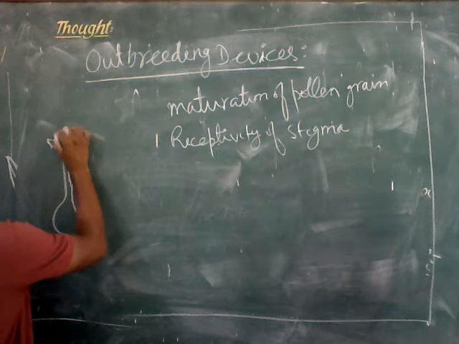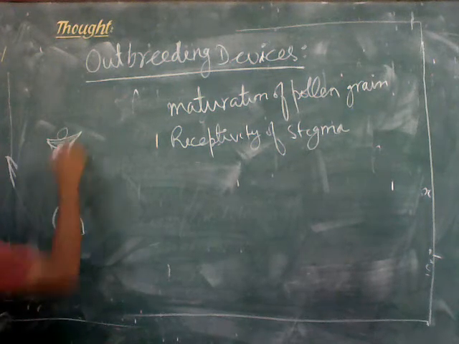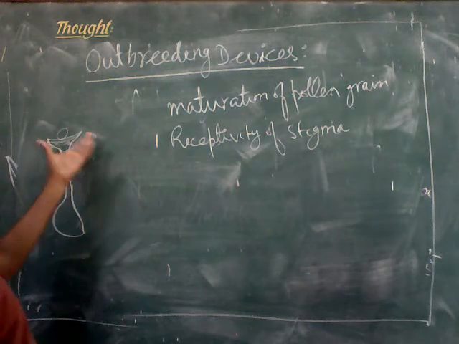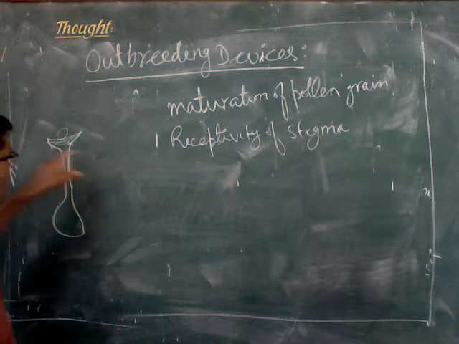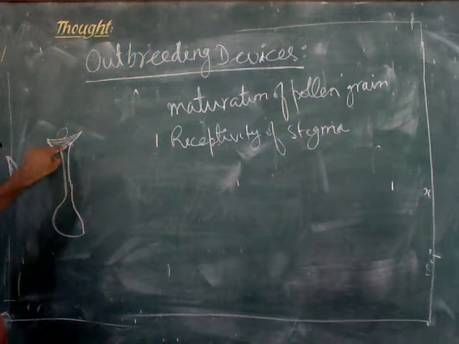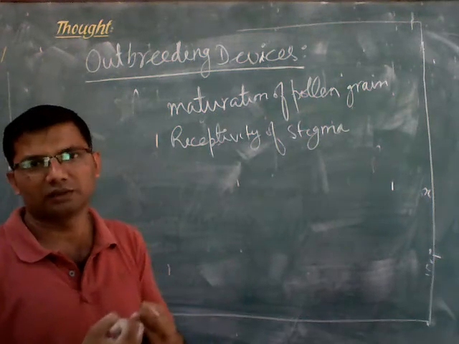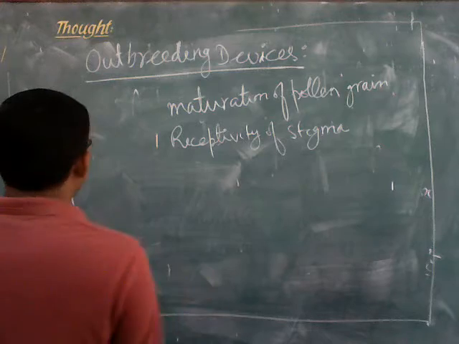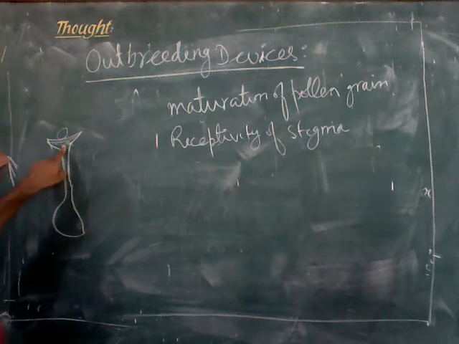When pollen grain comes over here, this stigma should be mature enough. If it is just developing, or if it has weathered away or aged, it will not work. It should also mature so that it can receive the pollen and start the interaction. So the maturation or receptivity of the stigma is also important.